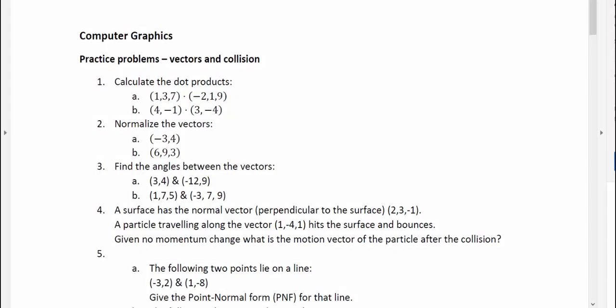So to B, normalize the vector (6, 9, 3).